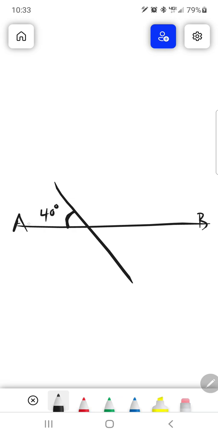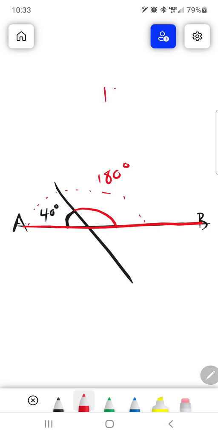Well, we know that this straight line AB has to equal 180 degrees, right? We know that from here to here has to be 180. So that means from here to here has to make up the difference of that 180.